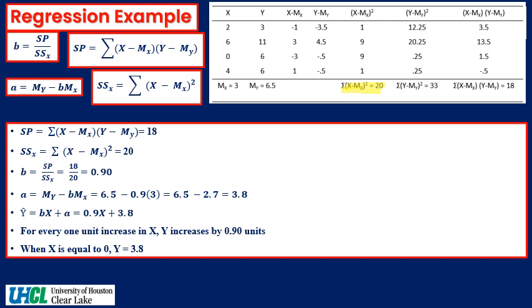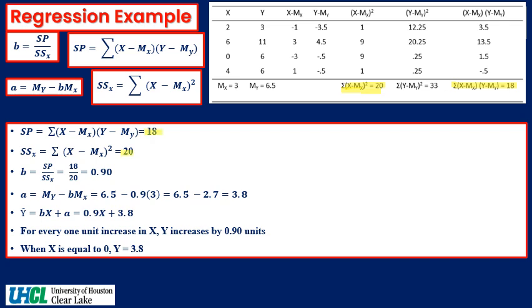From there, it's simply a matter of plugging in the equations. My SP is the sum of (x minus M sub x) times (y minus M sub y), and that equals 18. You can see that was calculated for us right there. And then the SS of x is the sum of this column right here, 20.